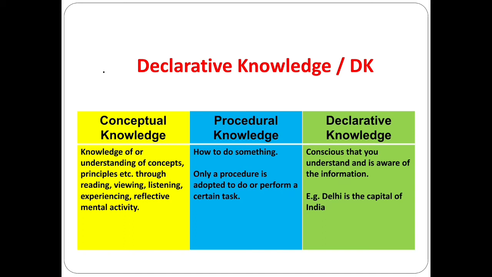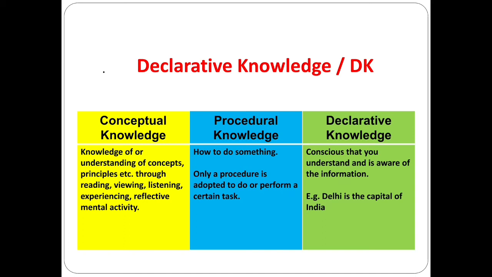Conceptual knowledge: knowledge or understanding of a concept, right? We can acquire this concept by reading something, viewing something, listening to it, experiencing, and having a reflective mental activity. Alright, involving ourselves in reflective mental activity.